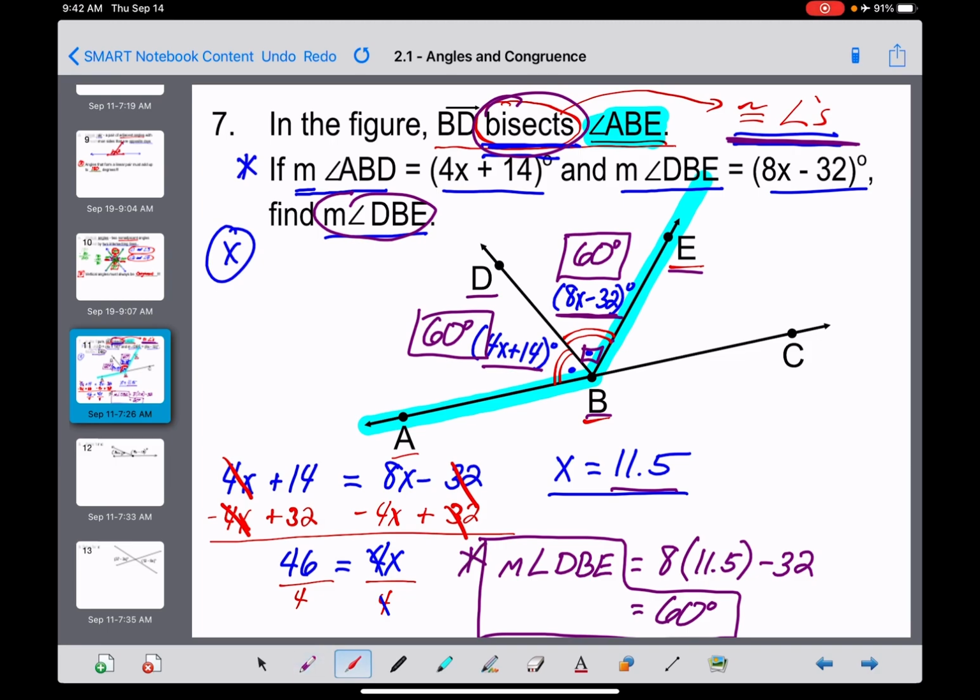Hey, and just for fun, how about the measure of this angle right here? Well, what I'm hoping you guys noticed here is that we've got ray BA going to the left and BC going to the right. Those are opposite rays. And guys, you are allowed to assume that something that looks like a straight line is a straight line.